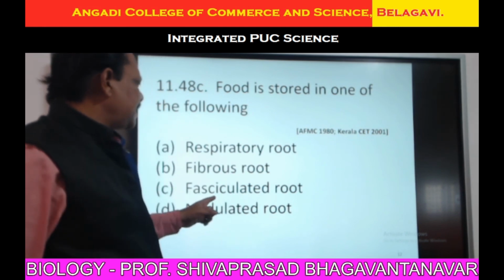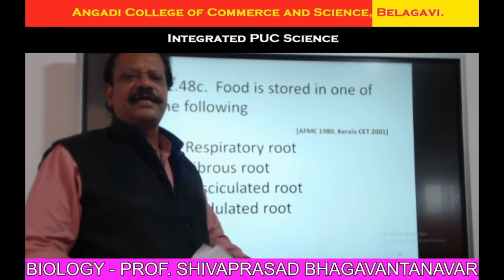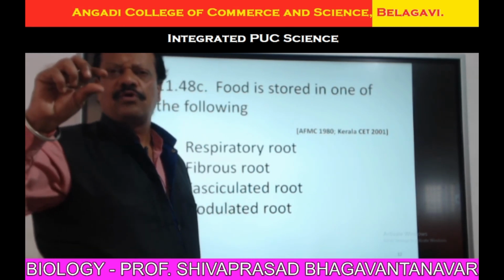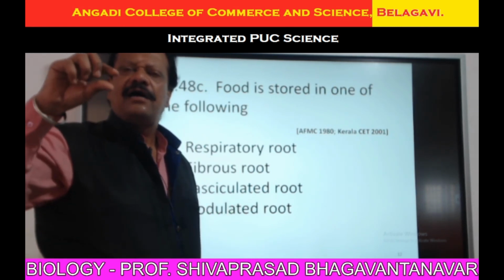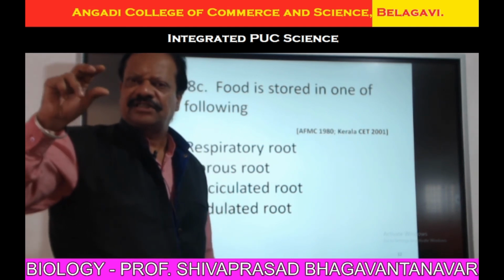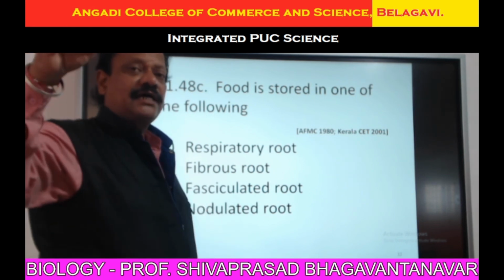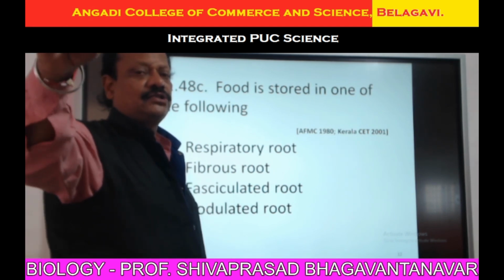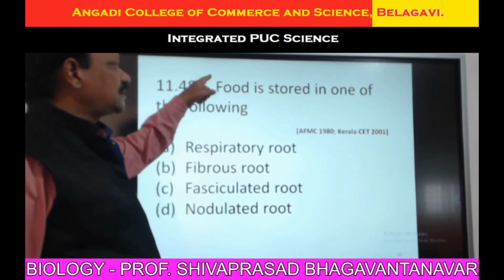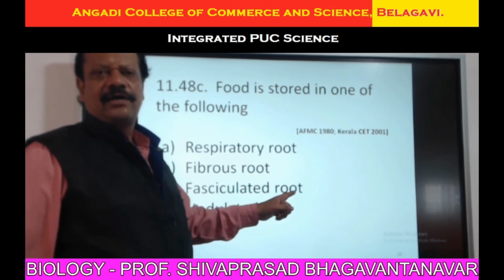So fasciculated root is the right answer here. Then nodulated roots, here also the root nodules are produced. And wherever you people are observing a root, some bulbous structures you are observing. And sometimes the rhizobium bacteria is also stored there. But in this question, the right answer is C, fasciculated root.